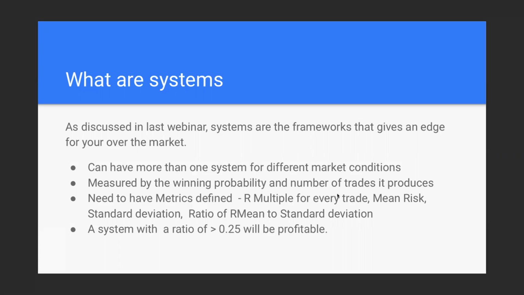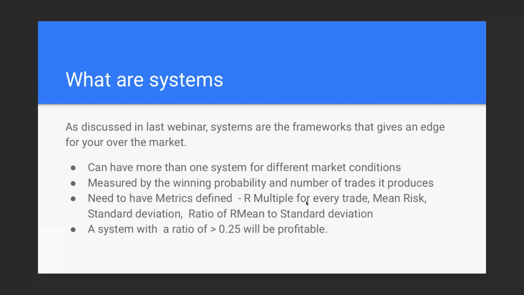But my reward is I'm expecting 3R. That means I'm expecting 3 times. So my risk to reward ratio is 1:3. That is a good system. Even if it is 1.5R, that is also a good system because you're still winning in that trade.